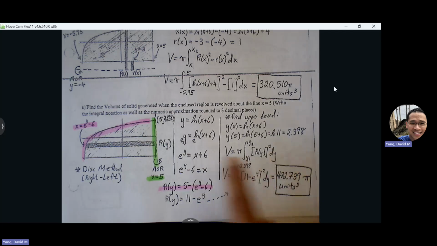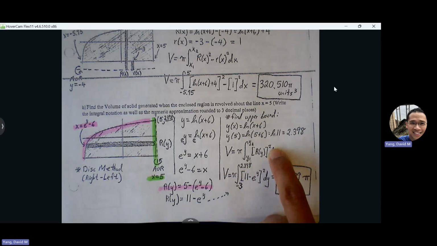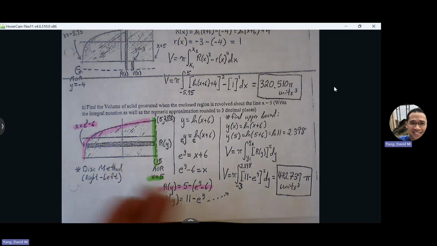So if you didn't do it in the same order that I did, you'll still get the same answer, which is fine. But for area, we also always want to make sure we do right minus left or top minus bottom to ensure we get a positive value. But I just do it that way for volume because it's the same formula. So I say it that way.